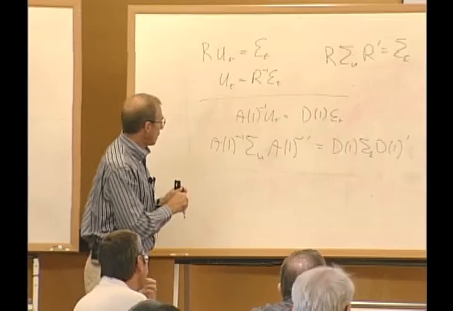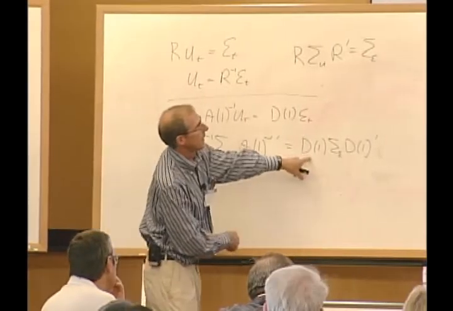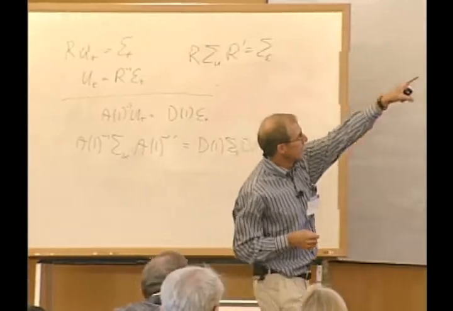And that D of 1 sigma epsilon D of 1 prime, there's an R hiding inside that. If I make that explicit, I get this equation relating the long-term variance matrix, or spectral density matrix at frequency 0, in the reduced form VAR to the long-run variance matrix in the structural VAR.